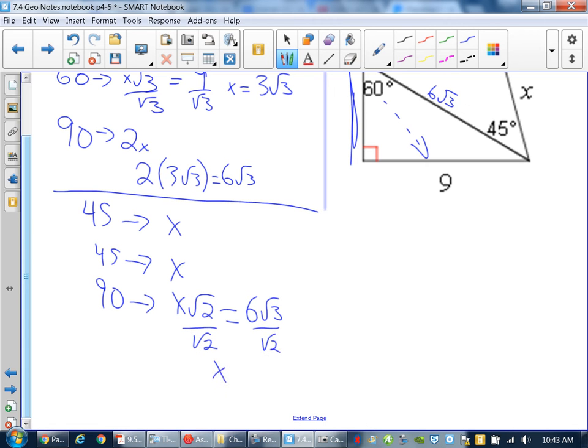And again, your calculator will do this for you. I think you get 3 root 6. Is that what the calculator spits out? It should be 3 root 6, I thought. So that means across from both 45s is 3 root 6.